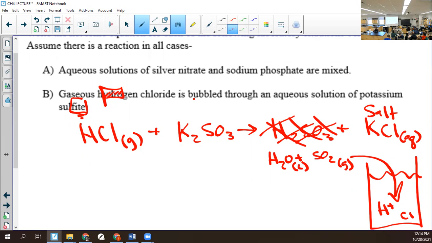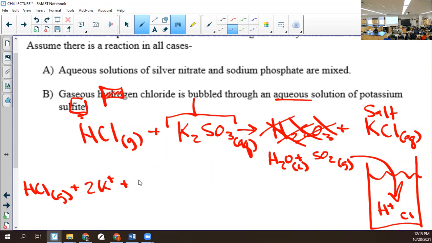Okay. I never did write it, but what state is this in? What would we say? Aqueous. Okay, so let's attack. Let's rewrite it all. So I have HCl gas plus this is aqueous, so it's 2K plus SO3 2 minus.